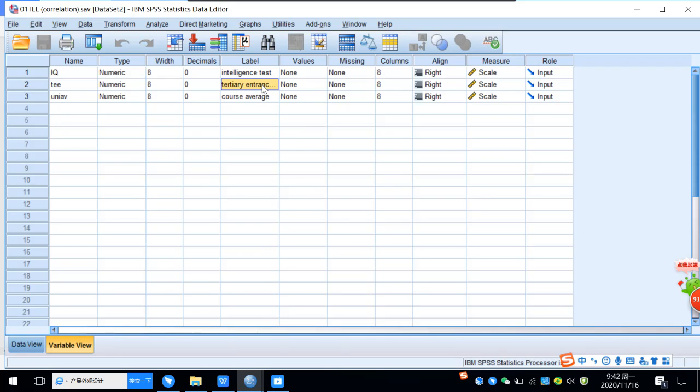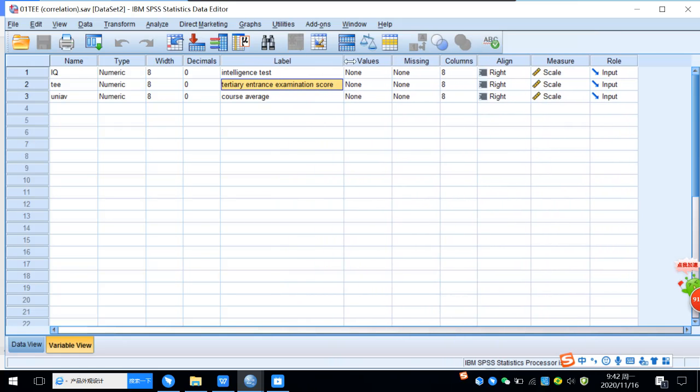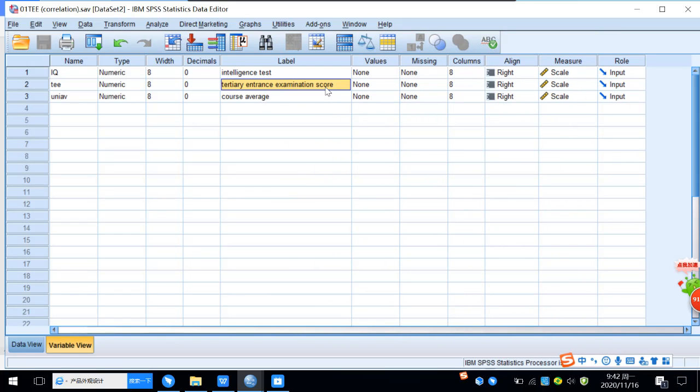TEE is the entrance examination score. And number 3 is UNIF, the course average. Firstly, you need to test whether a positive relation exists between IQ and ITT, whether they have a positive relationship.